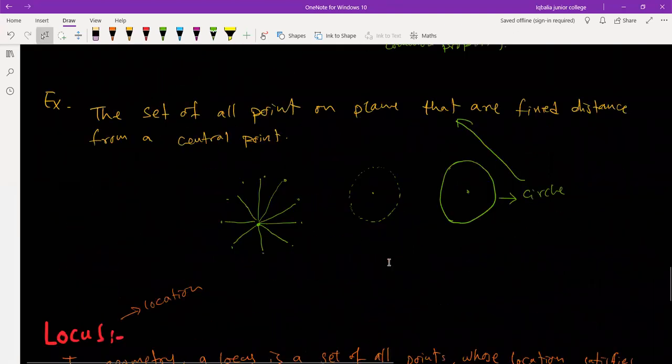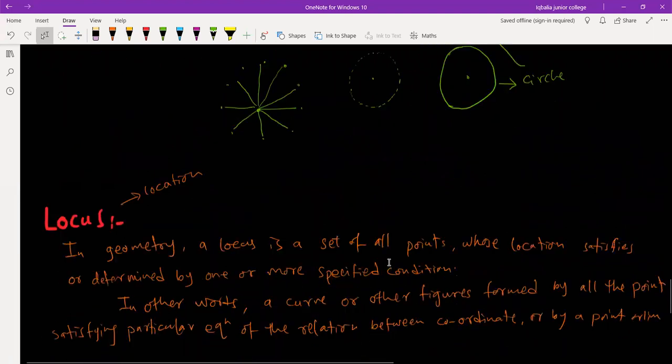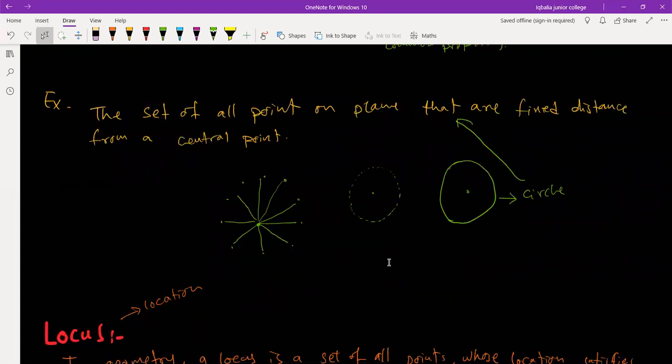So here we have seen the example of a circle and here the example of a parabola. These are examples of locus.